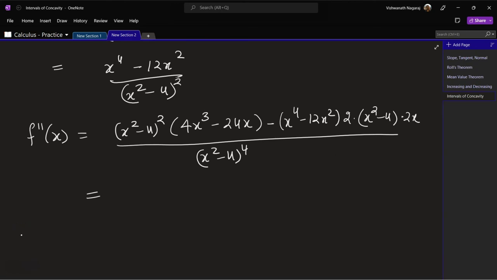Now let's see, x square minus 4 is common here and here, so let's take that out.